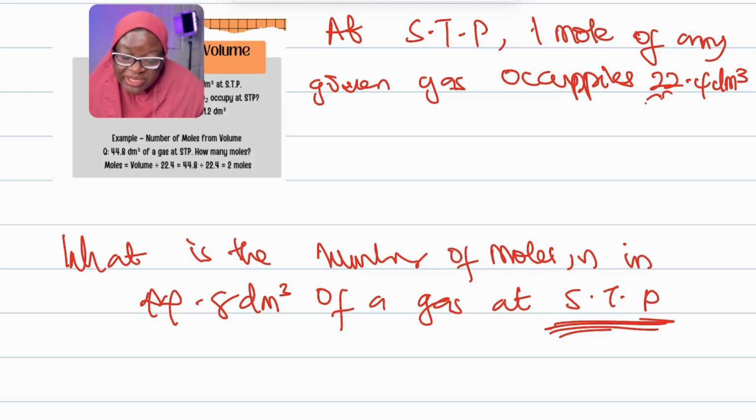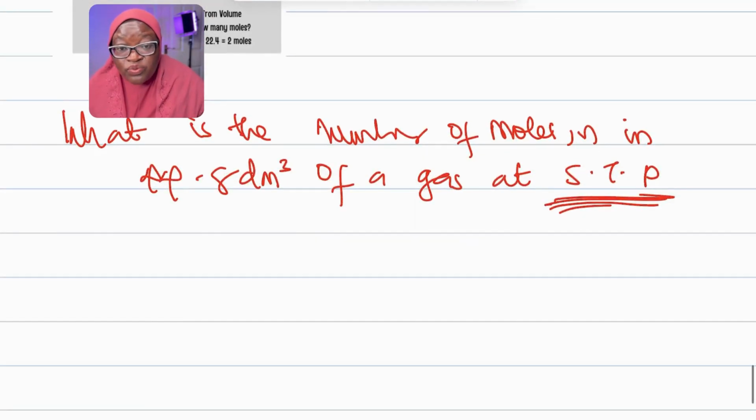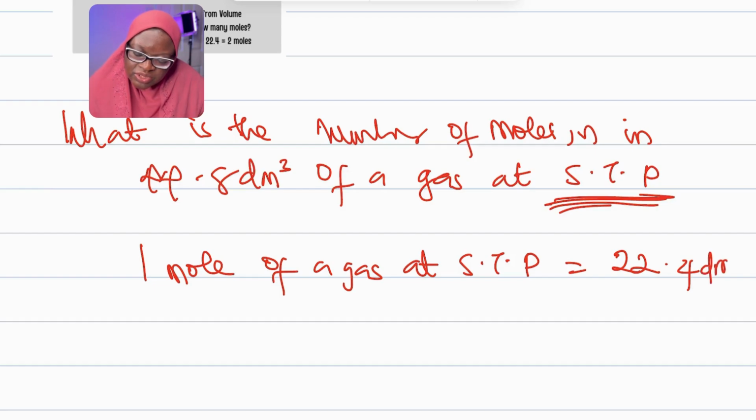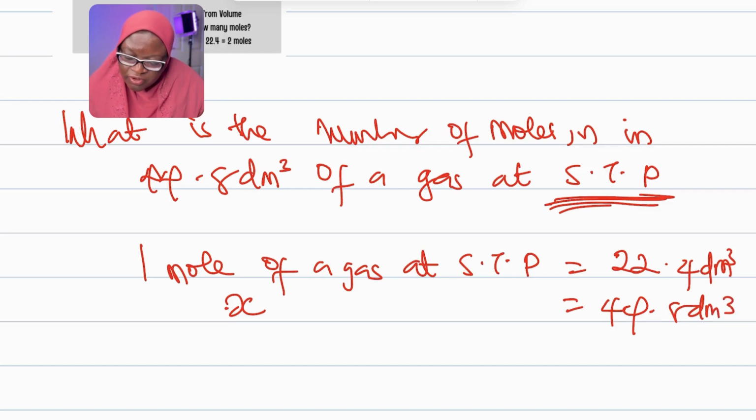It is only when it is stated that it is at STP that we can use this formula. And we know that 1 mole of a gas at STP occupies 22.4 dm cube of volume. So what will be the number of moles in 44.8 dm cube?